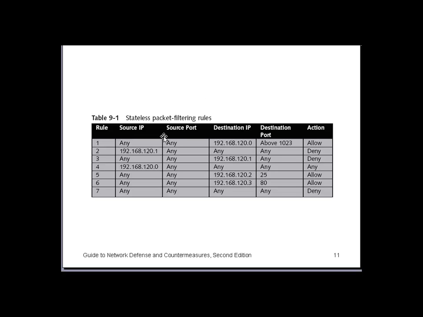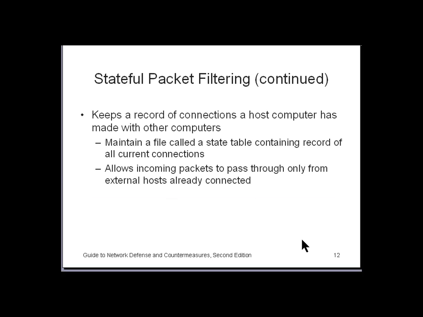There is no reason to go and compare it against these rules here, because we already know that the packets that are involved in that connection are already okay. So stateful packet filtering is a lot more efficient. It speeds up your network, and it's very reliable.